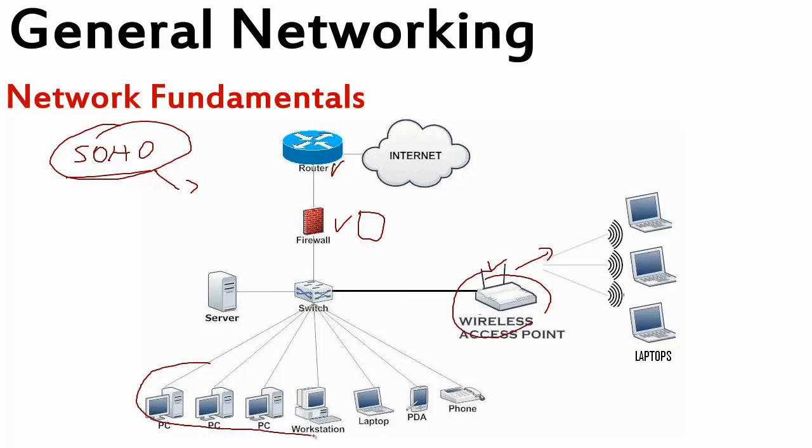Here, end devices, wired connections, laptops, printers, scanners, phones, and so on. This router is connected to the internet. It means here is your ISP, Internet Service Provider. That is for a small office.